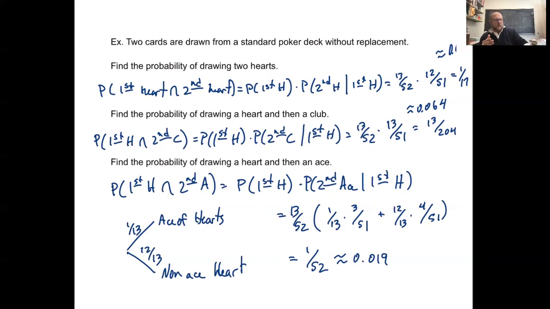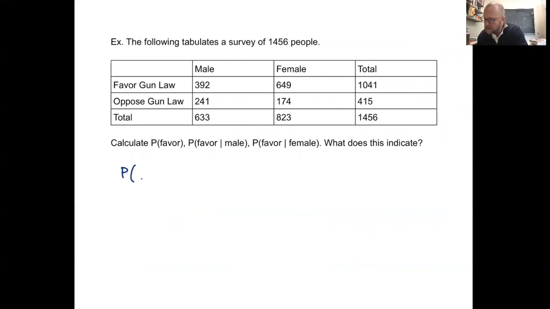All right. So the next bit here, we're looking at tabulating a survey of 1,456 people. And kindly enough, I went ahead and did the totals here. And this one, we're going to get the probability that a randomly chosen person favors the gun law.